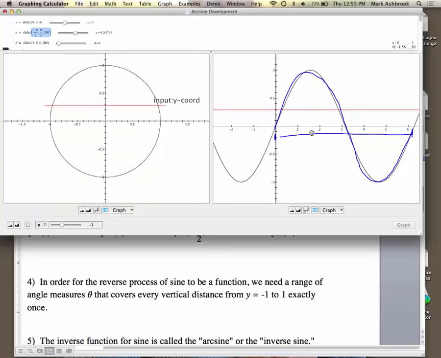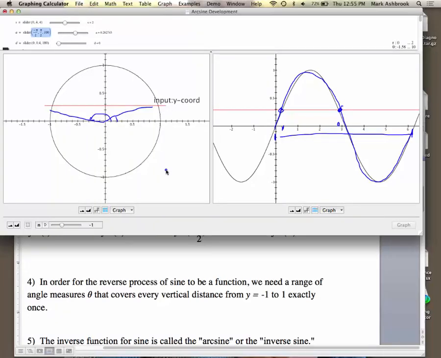No. Here's a perfect example, right? Right here I'm picking this y value, something like 0.3. And what happened? I got this angle measure here, and I got this angle measure here, which is coming all the way around to the second quadrant. So this range of 0 to 2 pi doesn't work.